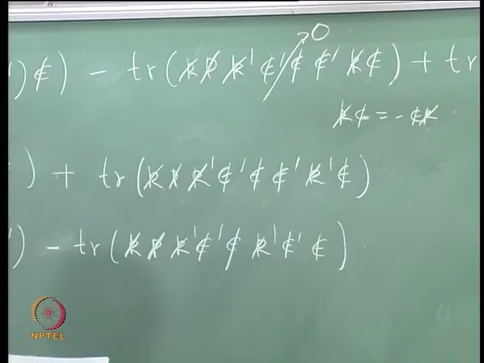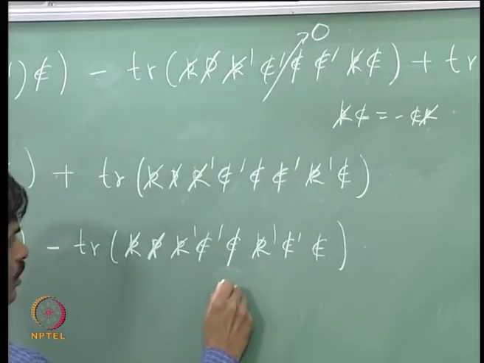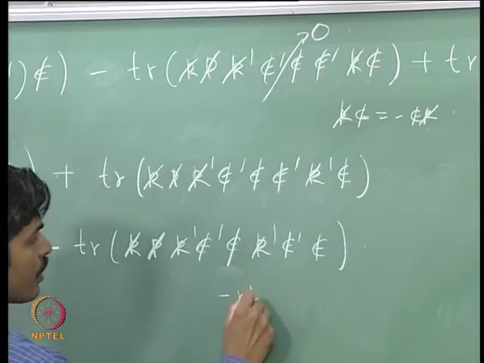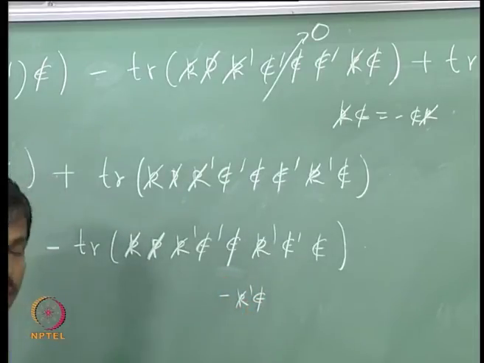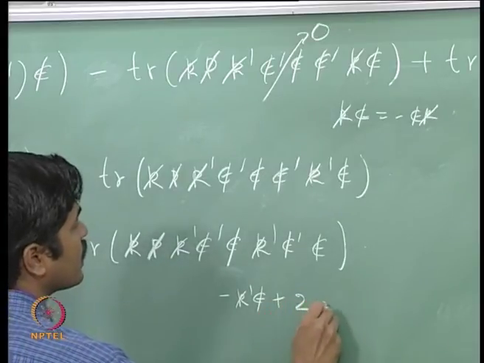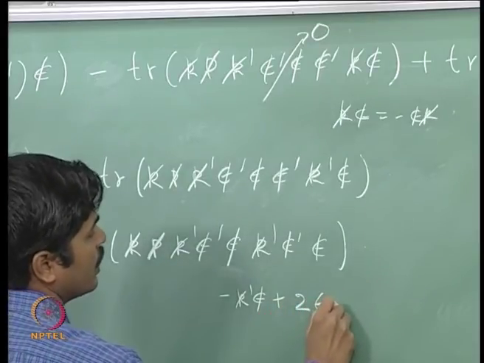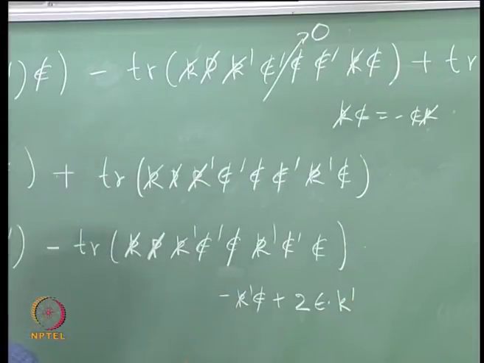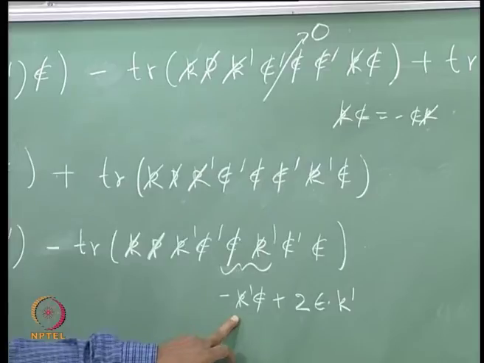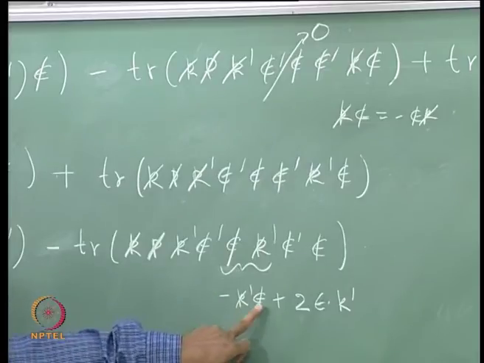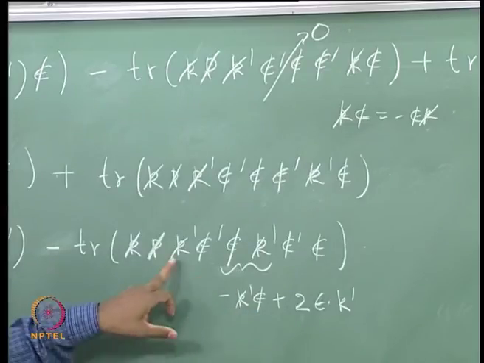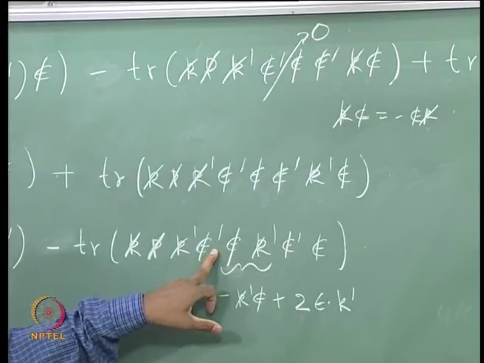One of them will be simply minus k prime slash epsilon slash plus twice epsilon dot k prime. That is what I will get from here. Okay. Now, you can see the first term which contains minus k prime slash epsilon prime slash, it comes with k prime epsilon prime here.